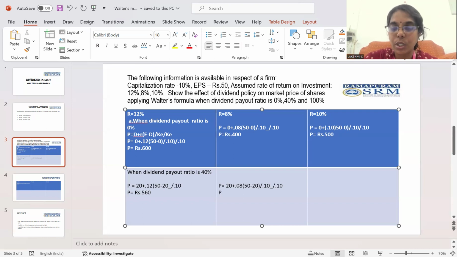So the price of the share equals rupees 440.